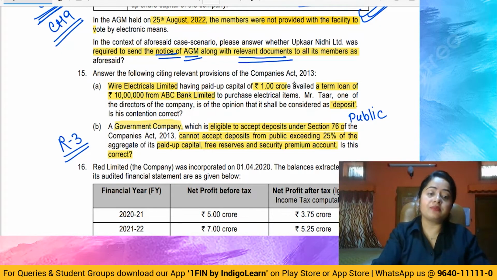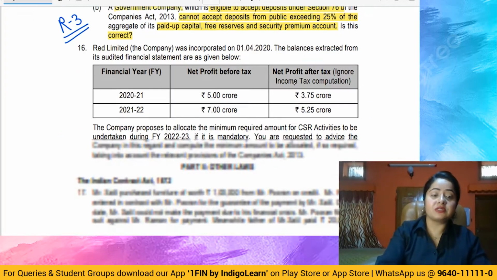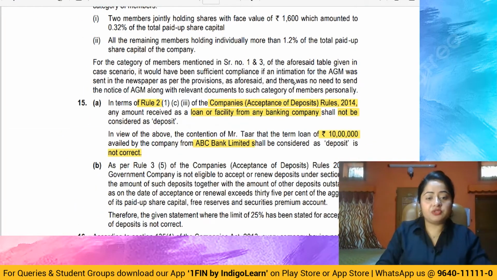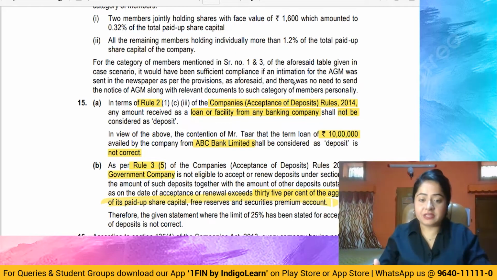And same way, government company can also accept certain prescribed limit of deposits from the members and the public. So this rule number 3 states that government company can accept up to 35% of the paid up share capital, free reserves and security premium account as deposits from the members, or in aggregate we can say, right? So accordingly this limit of 25% is not correct.